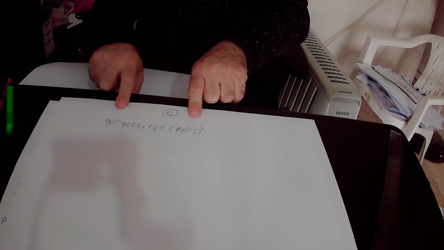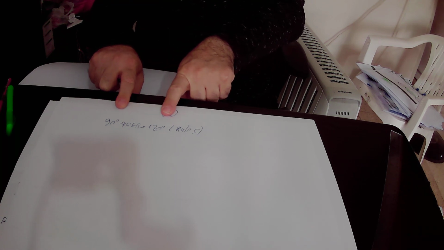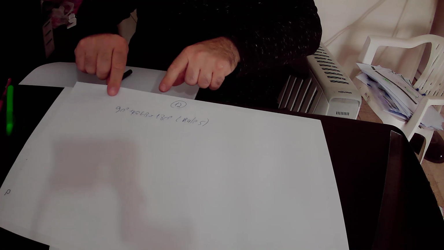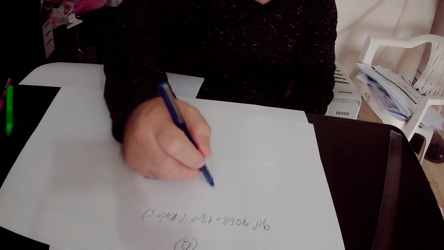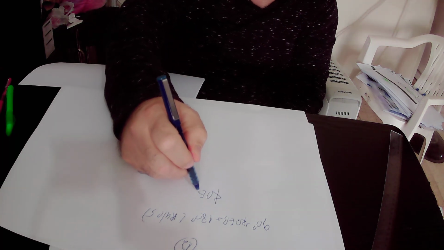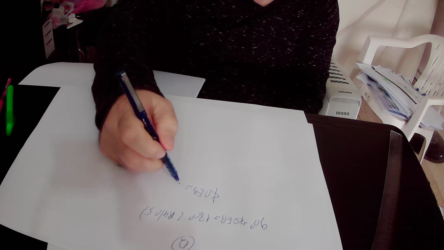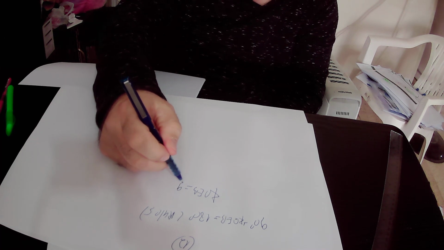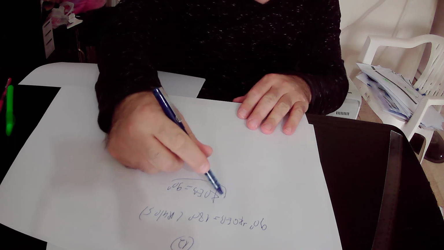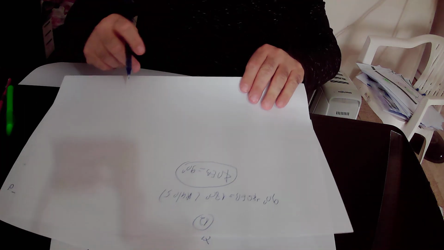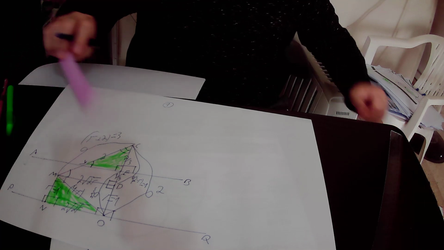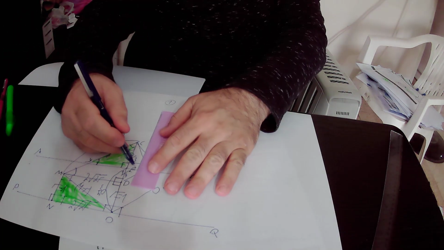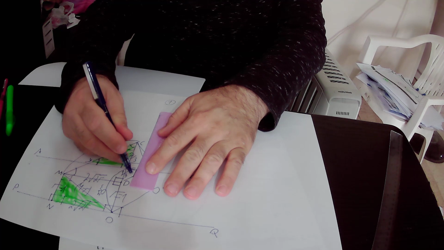Here we will subtract 90 degrees from this equality, and we will get that angle OEB equals 180 degrees minus 90 degrees, which equals 90 degrees. So we found out that angle OEB is a right angle, it equals 90 degrees.